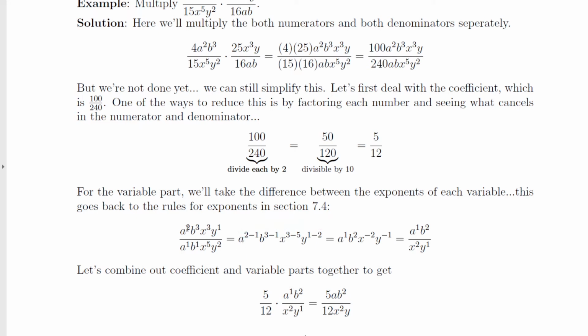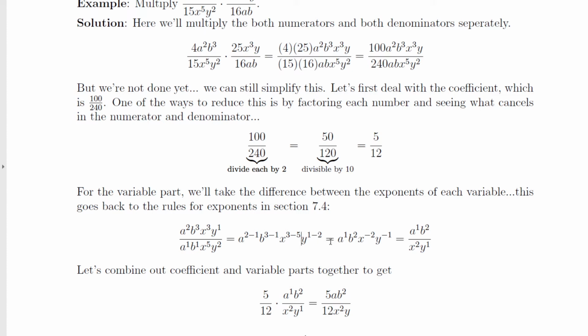So here we've got a raised to the 2 minus 1, because I've got this a right here. Again, I didn't have the exponent up here. I just added it so you can see exactly what it is that you're subtracting. The b to the third is in the numerator, so that's the starting point, and we're subtracting what's in the denominator. X to the third is in the numerator, and we subtract what's in the denominator, so 3 minus 5. Y to the 1 minus 2.